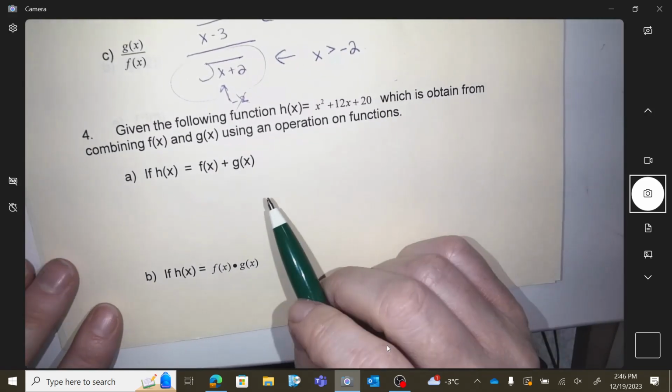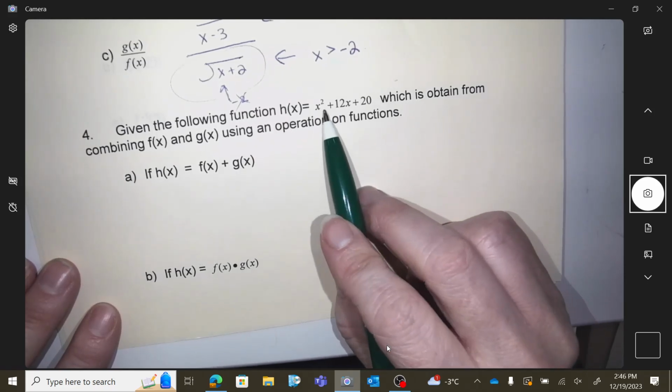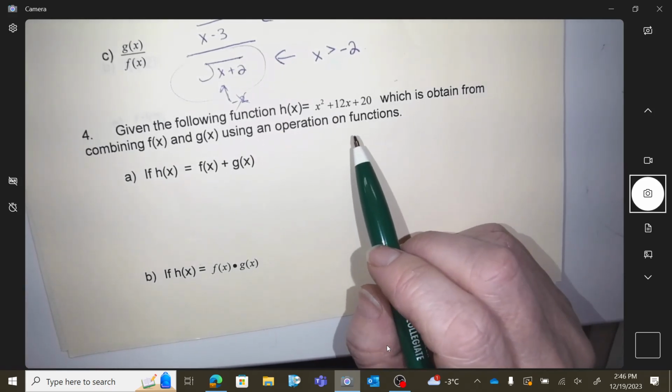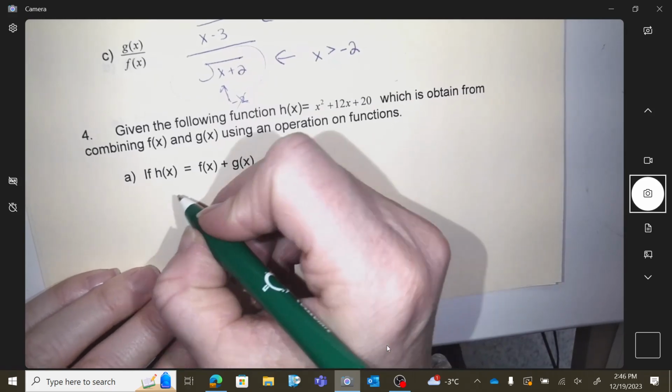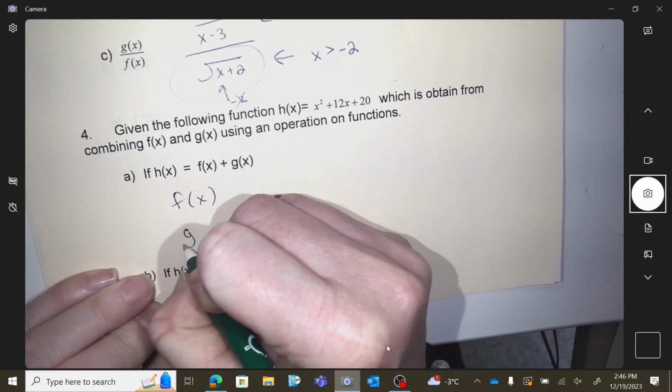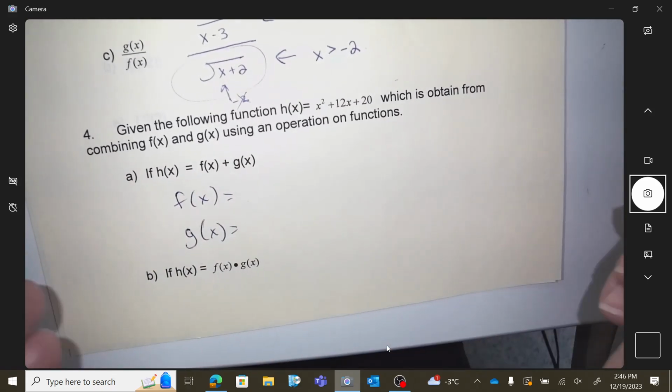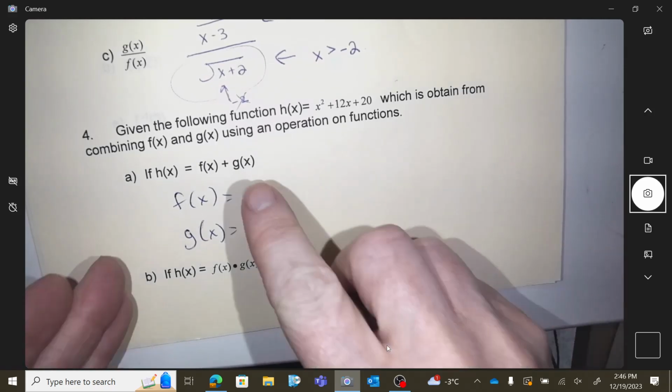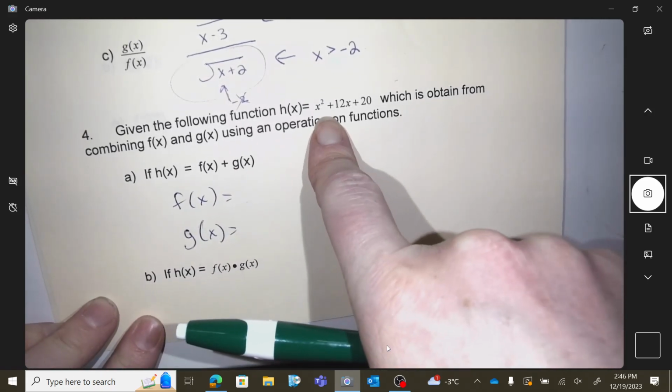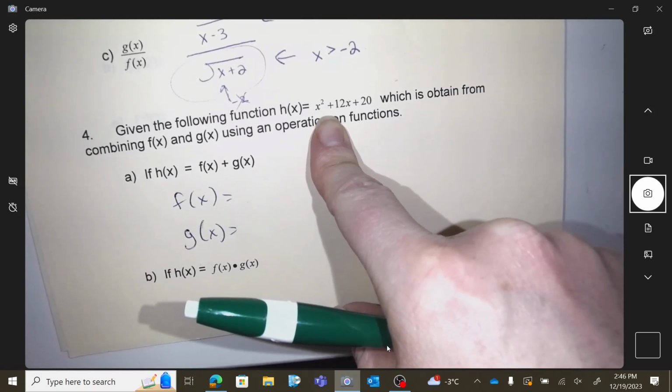Okay, so in this one, I say h of x was when I added 2 things. You got to create 2 things. You got to make up something for each, but when you add them together, they got to make that. So you pick.